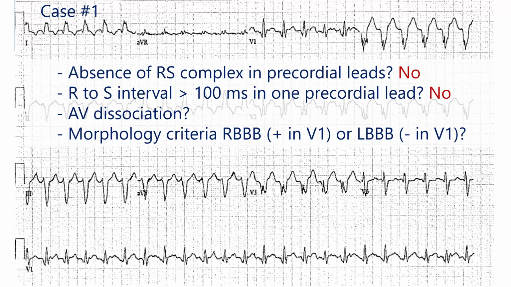How about AV dissociation? Well, when I started, I talked about some of these notches in the rhythm strip that could ostensibly be P waves, right? This here, that one, that one. Some notches happening just after the QRS complexes, some happening just before. And the question is, does this represent real atrial activity?